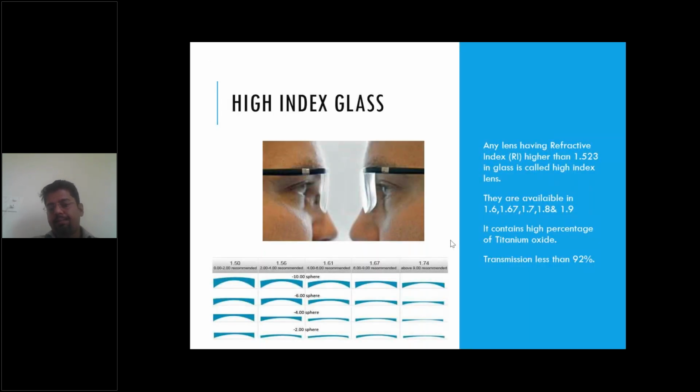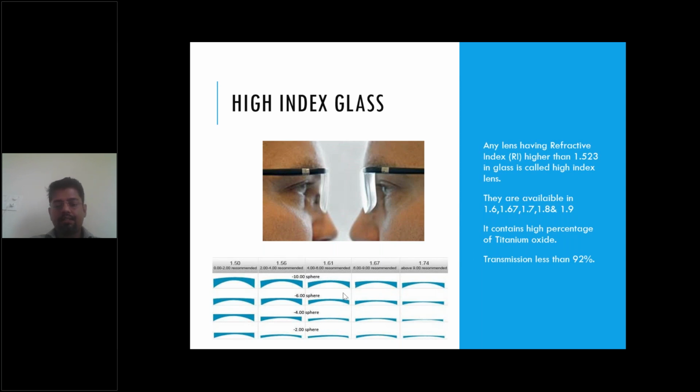And another type of lens that is already in the market is high index lenses. Just to give an idea of what kinds of lenses are available. We all know high index lenses, and many of us have already prescribed or dispensed them to our patients. Many joining students and optometrists have asked me what high index is.